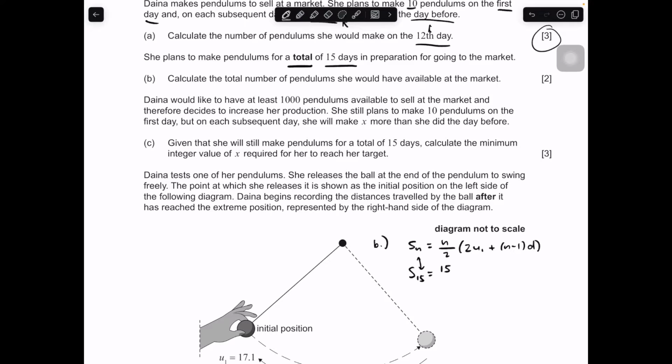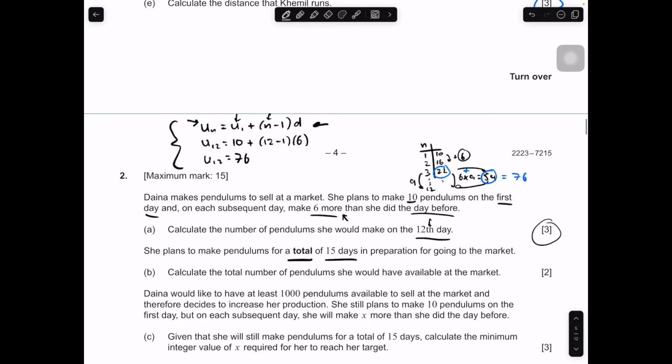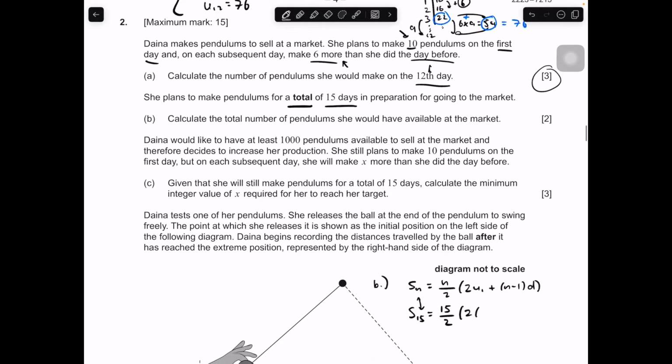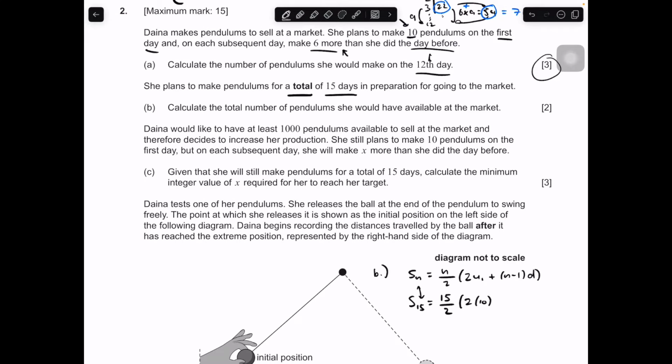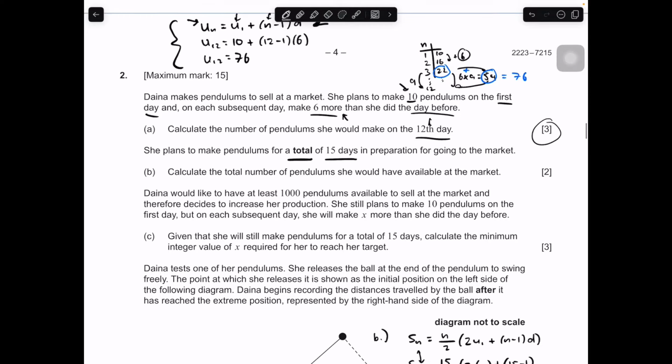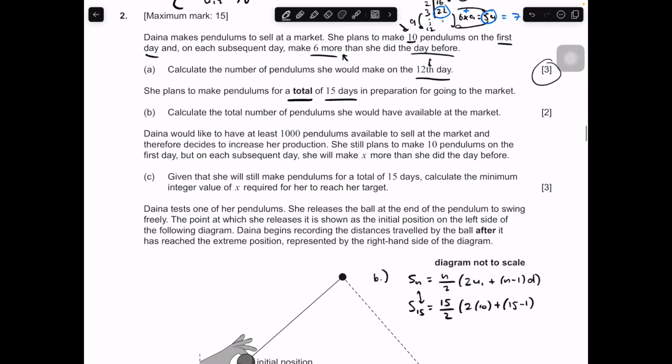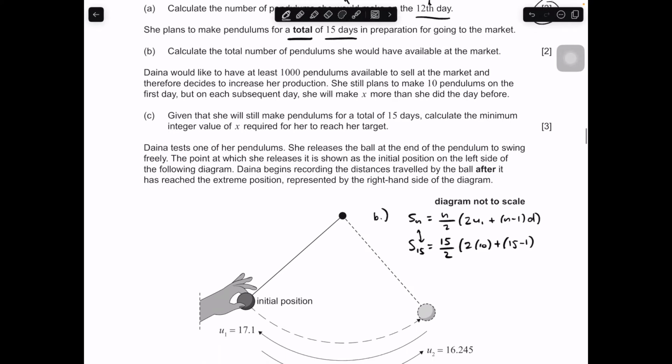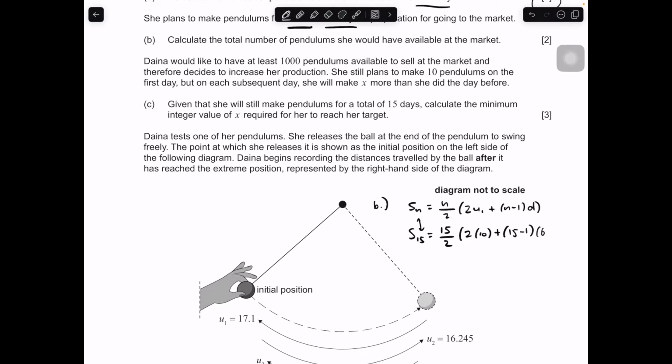So 15 over 2, 2 times u1. u1 is the number of pendulums she made on the very first day, which was 10, plus n, again 15, minus 1, and then times d. d is the common difference, and in this case it was 6 more each day. And then let's close the brackets.